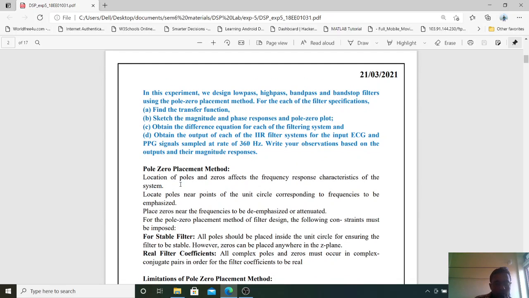We can understand from the frequency transfer function that the frequency corresponding to a zero will result in zero frequency response, and the frequency corresponding to a pole of the transfer function will result in infinite magnitude. So we will use that.